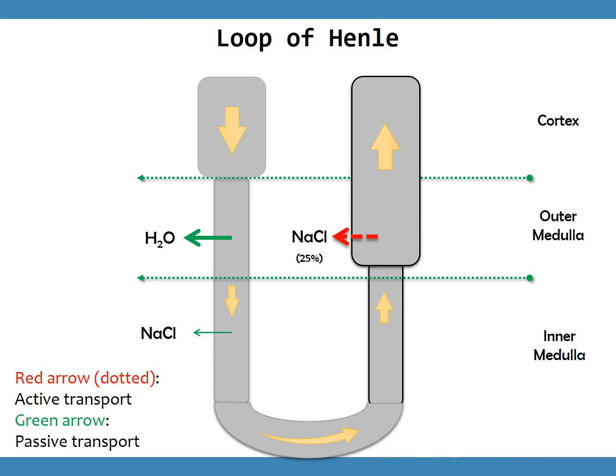Now looking at the thin and thick ascending segment of the loop of Henle, this segment is virtually impermeable to water. Now this is a very important characteristic that, as we will see later, is very important for concentrating the urine. Now the thick segment has thick epithelial cells that have very high metabolic activity and are capable of active reabsorption of sodium, chloride and potassium.